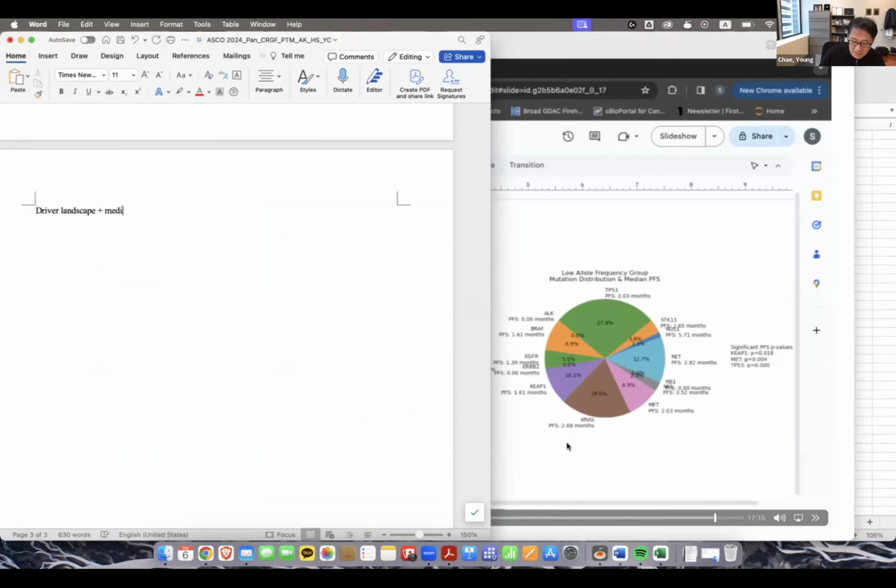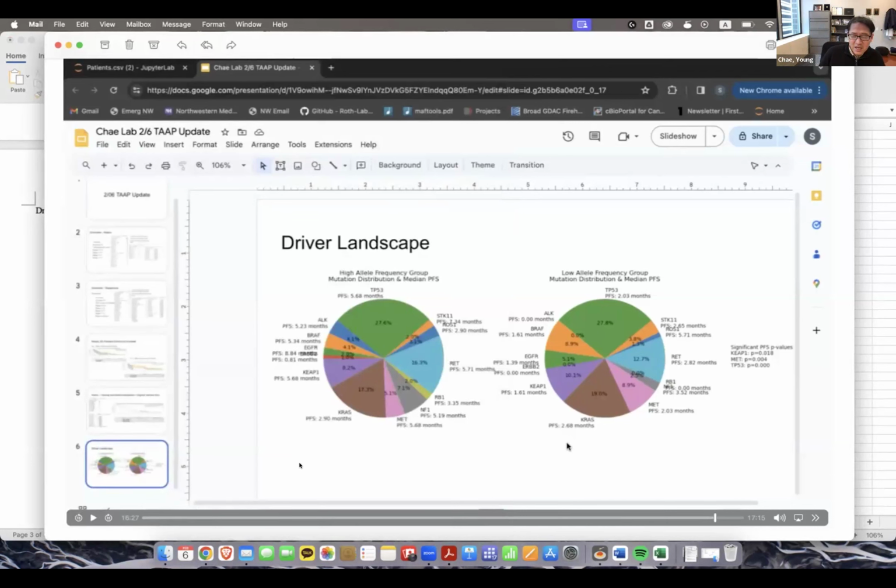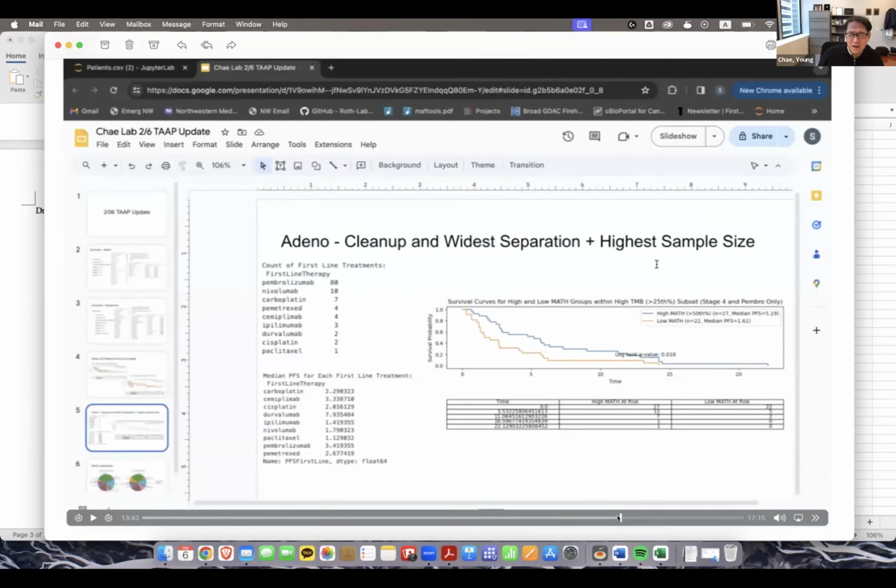So I would say the largest sample size of 80 and this pembro alone, and I actually have to figure out why the main result switched from higher heterogeneity to lower heterogeneity.